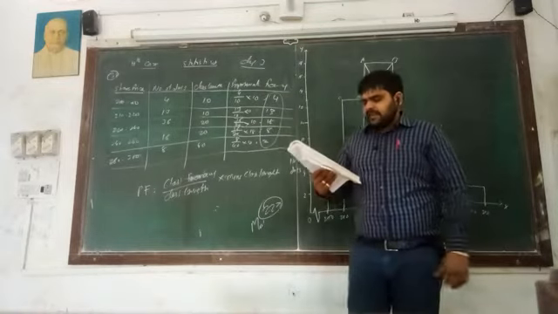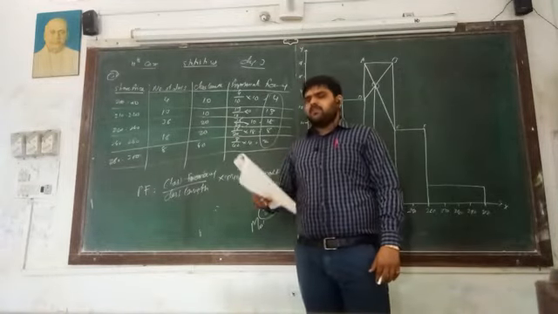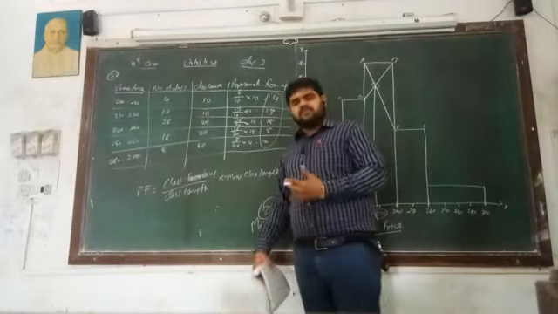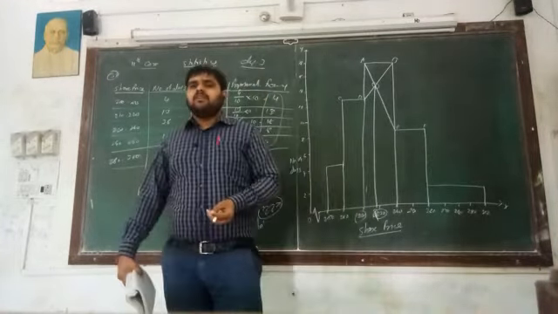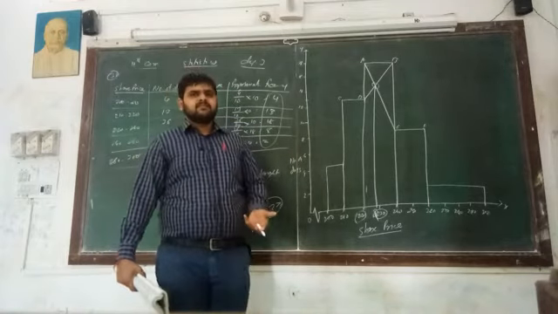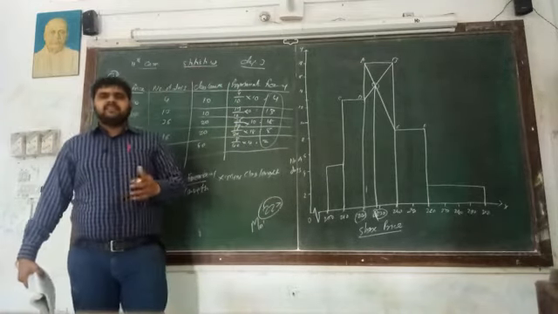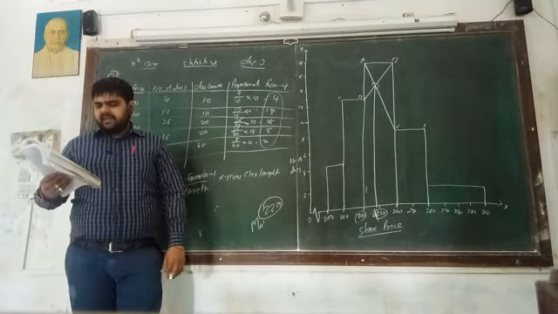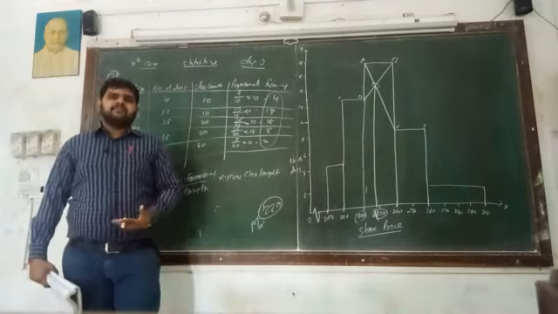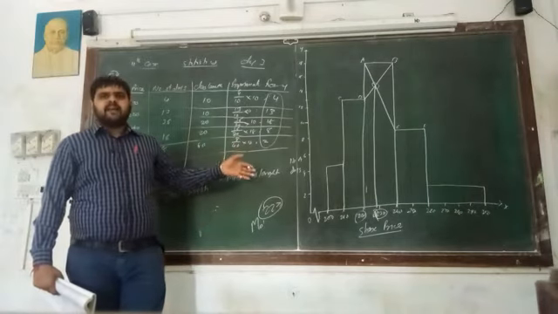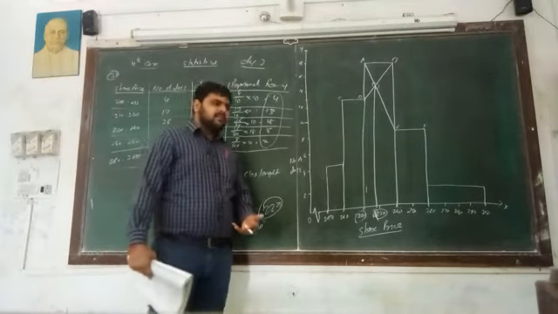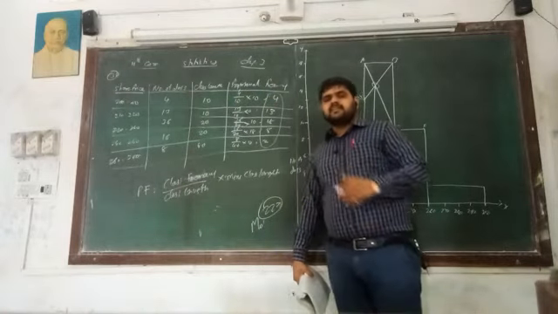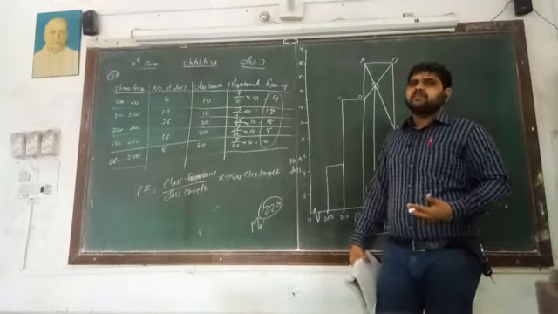Number 3, it is not affected by too large or too small value. If it is given too large or too small value, don't worry. Only what we have to do, how many times it is repeated, and maximum time repeated, that is called mode. Last, number 4, its value can be found using graph, that we can see. With the help of graph, also you can find out the value of mode, which is not possible in other things. Okay, mean and median.